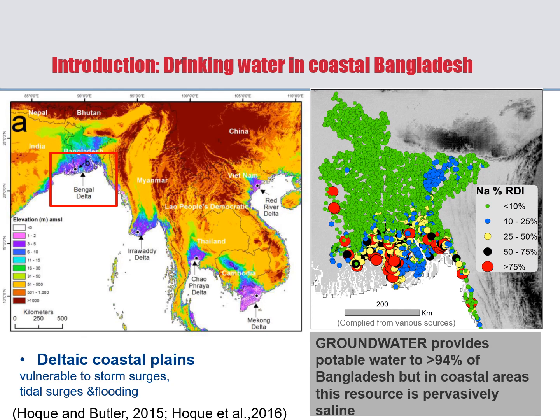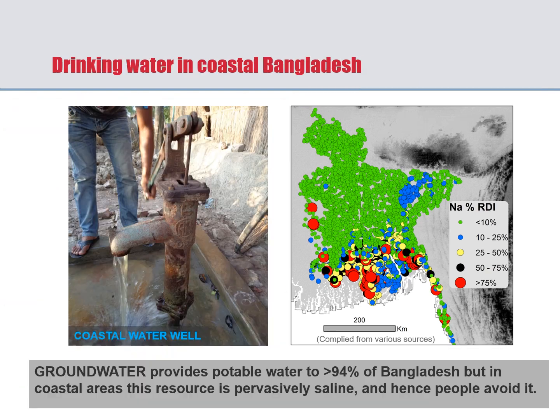We found that people in Bangladesh usually use the groundwater as potable water, but in the coastal region, groundwater is pervasively saline, as this figure shows. Therefore, people seek alternatives. Right here shows that the coastal groundwater well is really saline.